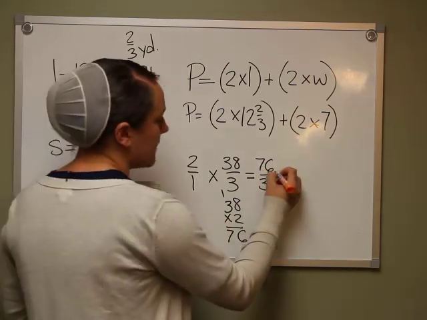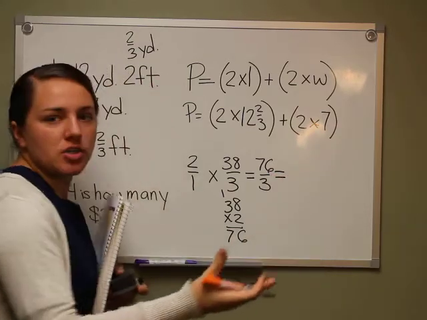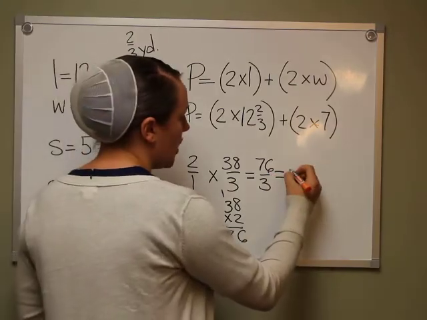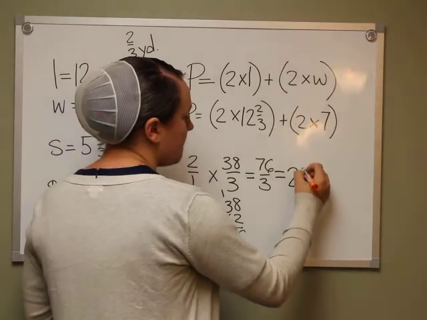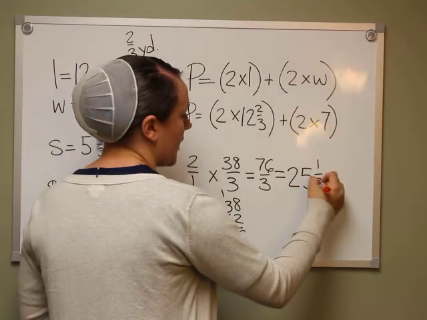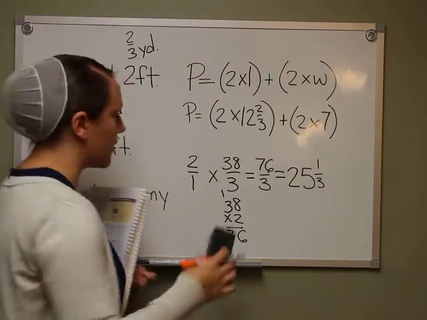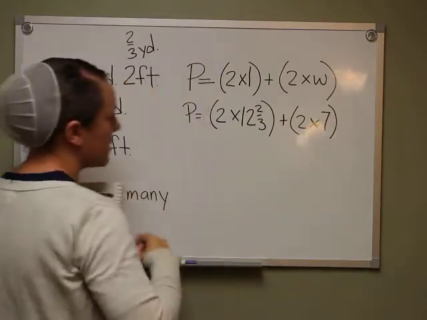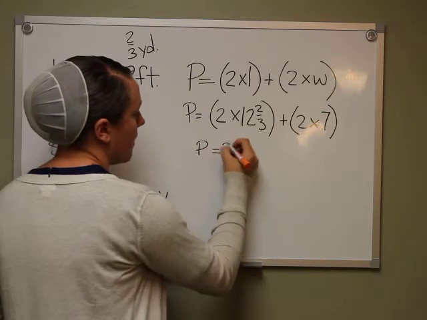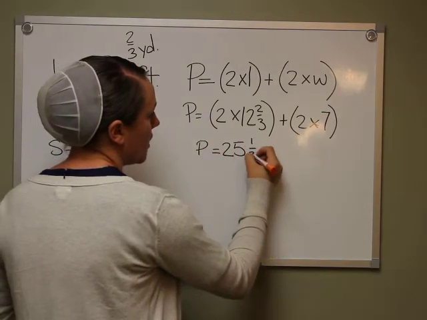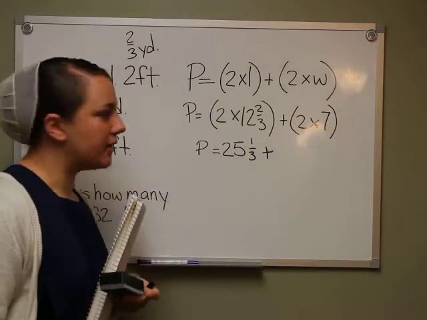Okay, let's make this a mixed number. So that would be 25 1/3, I believe. 25 1/3, okay? So P equals 25 1/3 plus, what's 2 times 7?